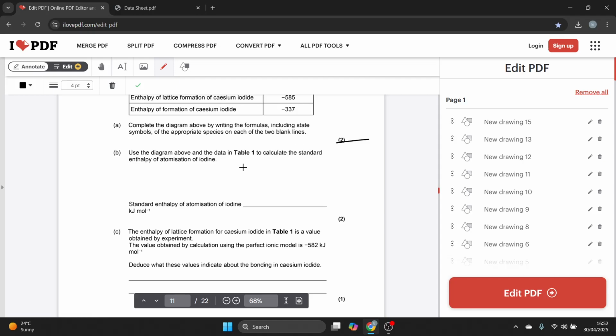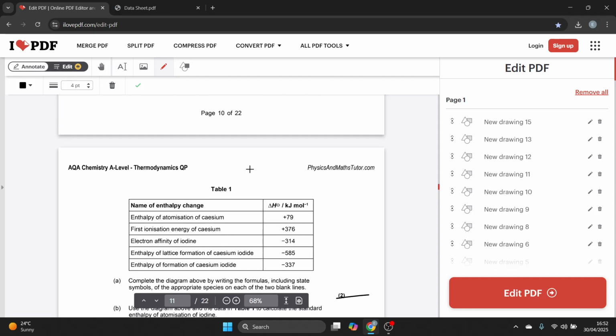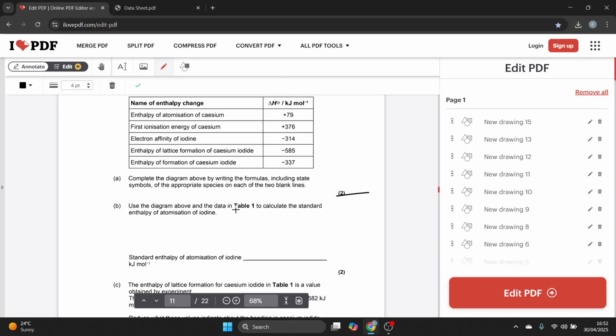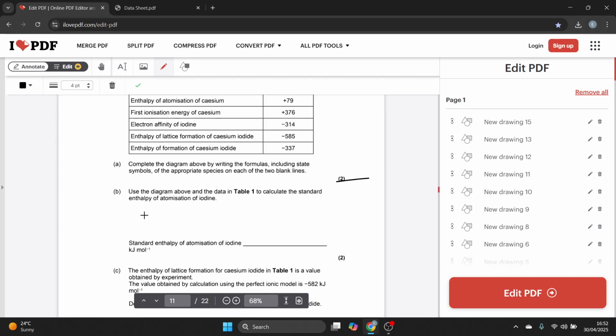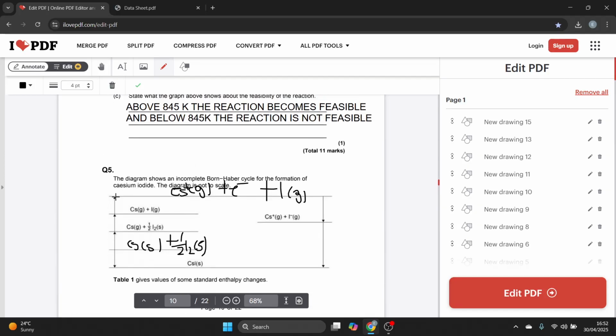Use the diagram to calculate the standard enthalpy of atomization of iodine. So what I'm going to say is enthalpy of formation, minus 337, equals everything else.